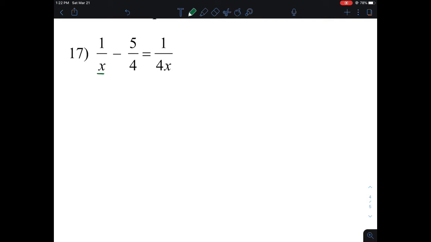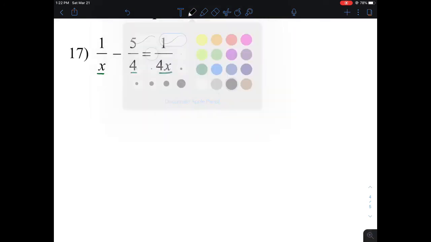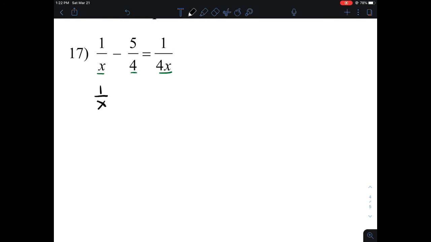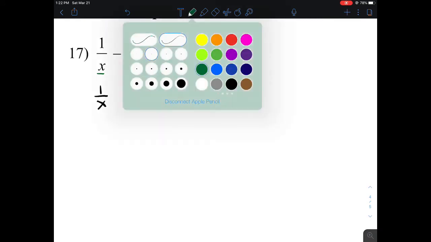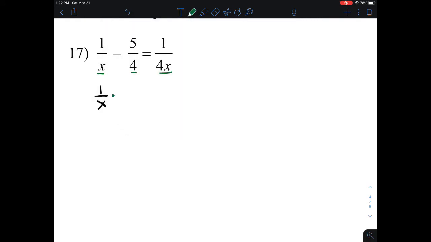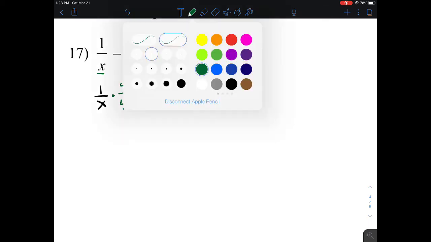I have a denominator of x, 4, and 4 times x. Well, the common denominator for all of those functions is going to be 4 times x. So I'm going to multiply each function to create that common denominator. So the first rational function needs to be multiplied by 4 in the bottom, so I got to multiply the numerator by 4.